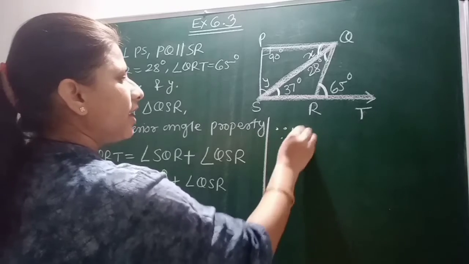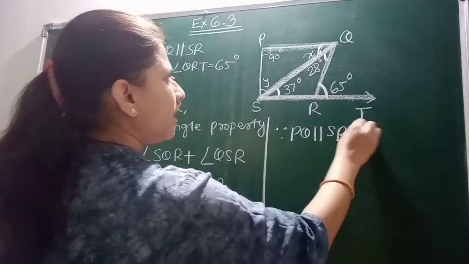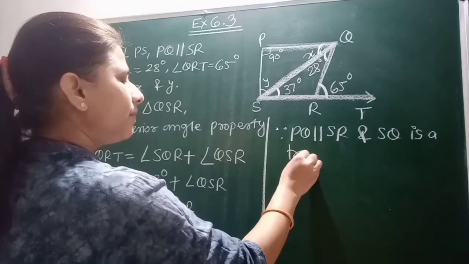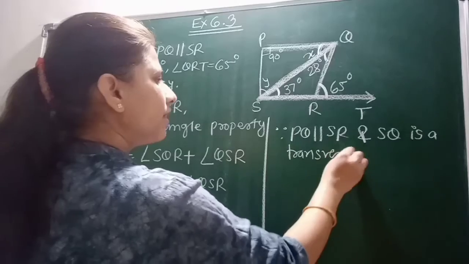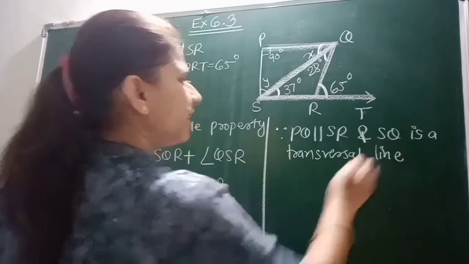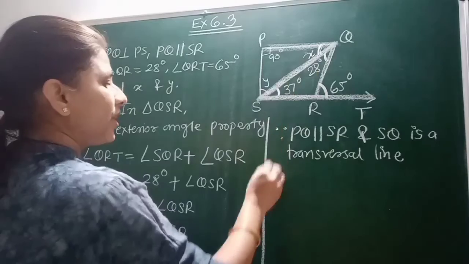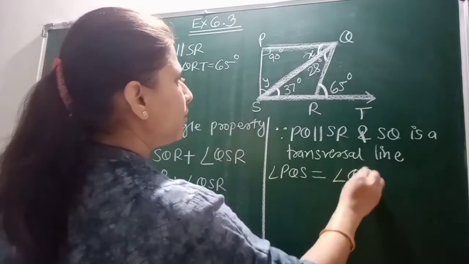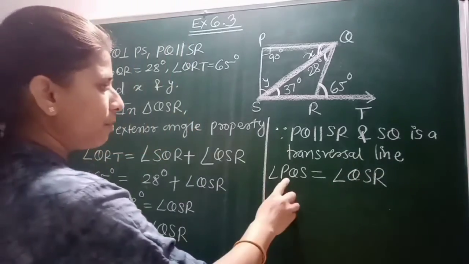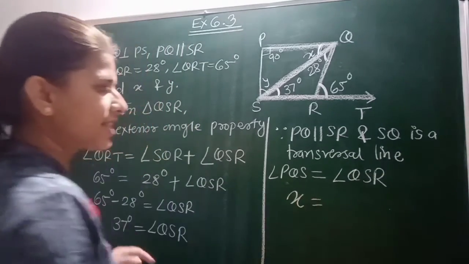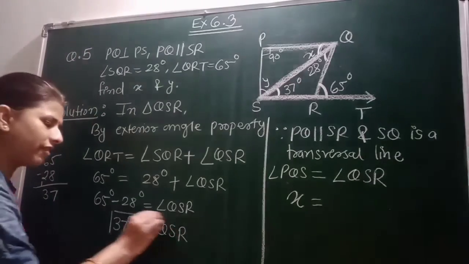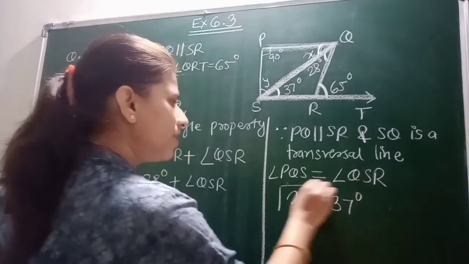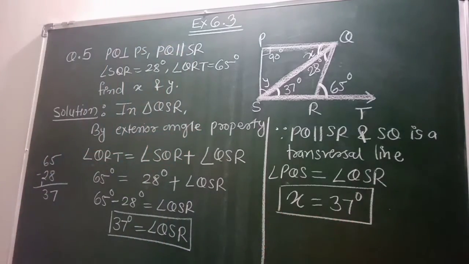Since PQ is parallel to SR and SQ is a transversal line, angle PQS will equal angle QSR, and PQS is given as X, and angle QSR we found to be 37 degrees. So the measurement of angle X will equal 37 degrees.